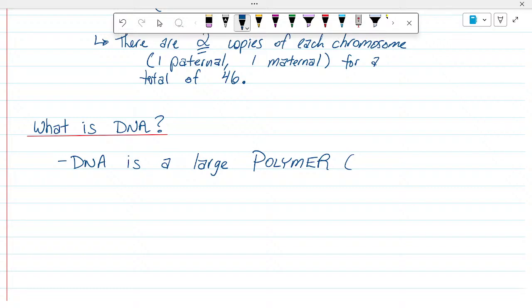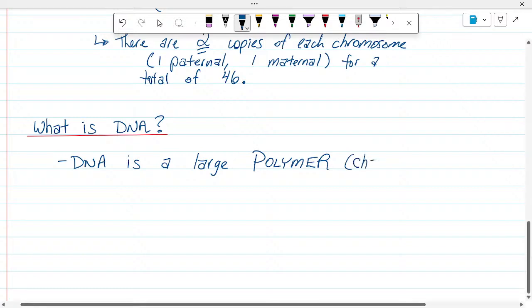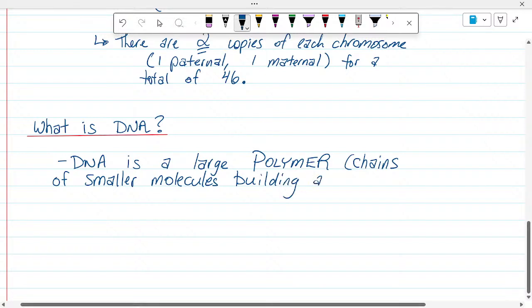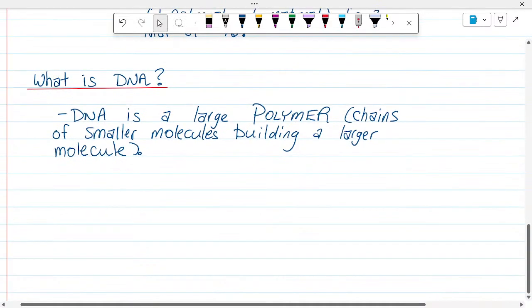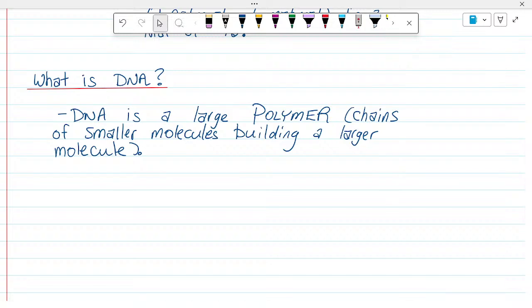Anyway, so this is chains of smaller molecules making a bigger molecule. So DNA is like links in a chain. Does that make sense? Cool.